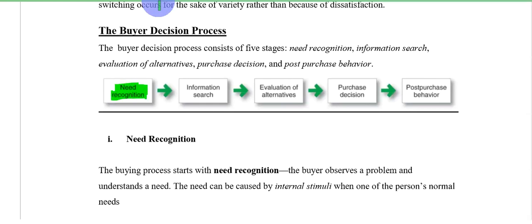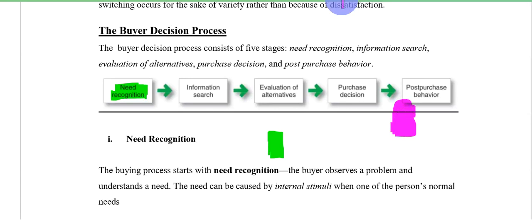The first step of the buyer decision process is need recognition. Here, the consumer recognizes a need or a problem and feels a difference between the actual state and some desired state. He is at this place right now and he wants to reach that stage.